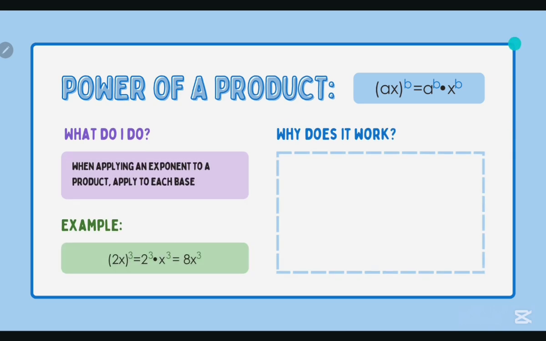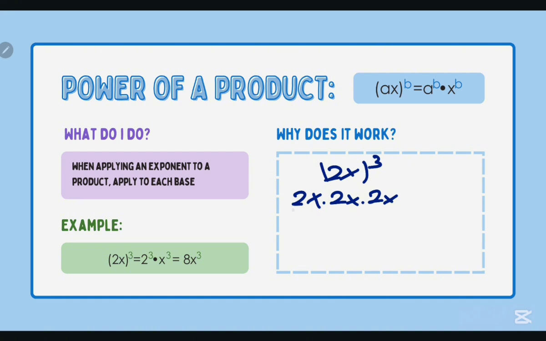Power of a product rule. If there is an exponent outside the parentheses, it means that this exponent applies to both, so we must apply it to both. Let's look at why it works with an example. If 2x to the power of 3, this means 2x times 2x times 2x.